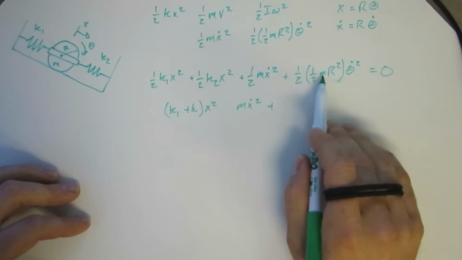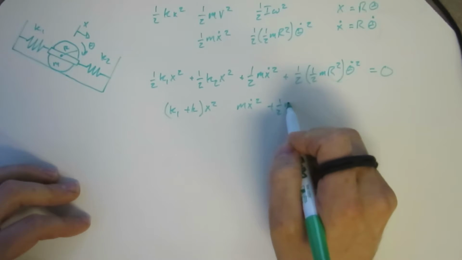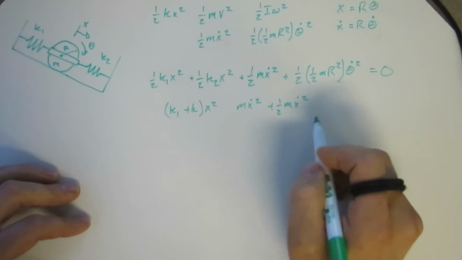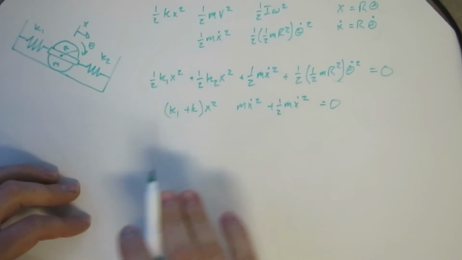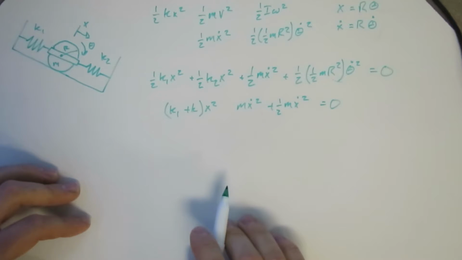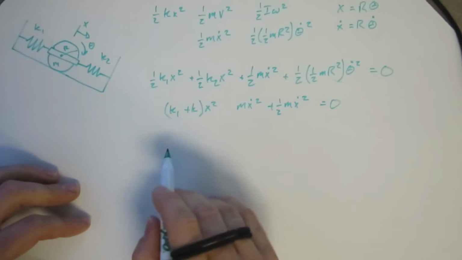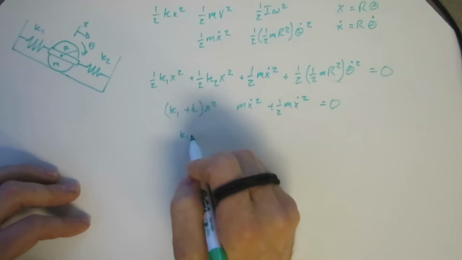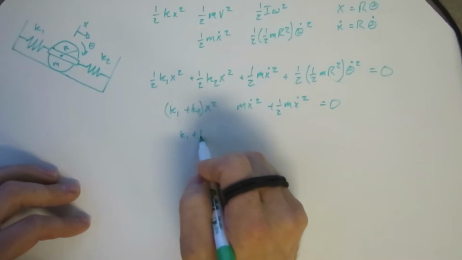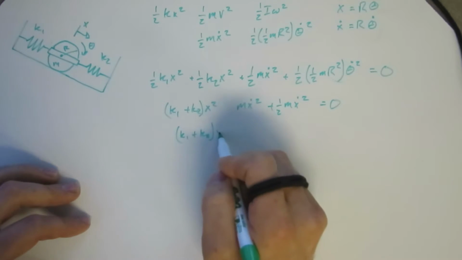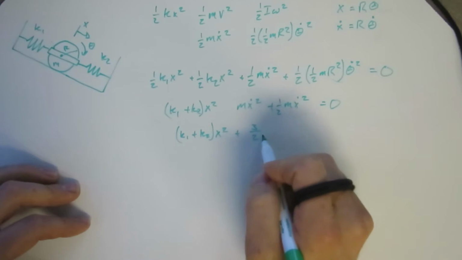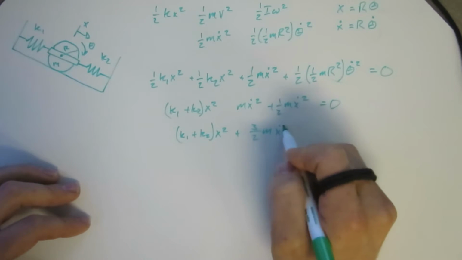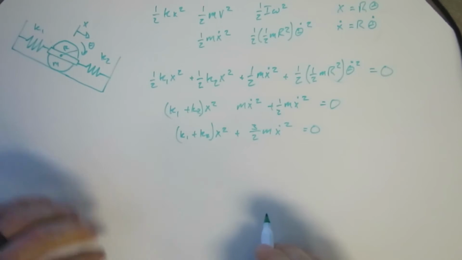So we have plus 1/2 m x dot squared, still setting it all equal to 0. Simplify a little more: K1 plus K2 times x squared plus 3/2 m x dot squared equals 0.